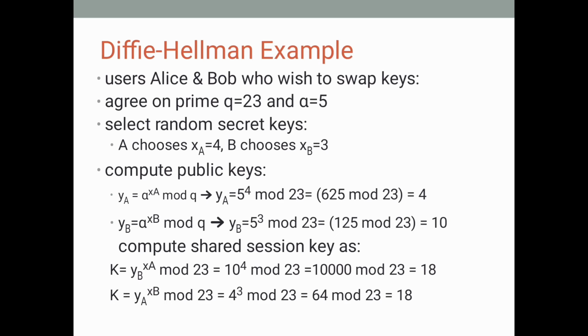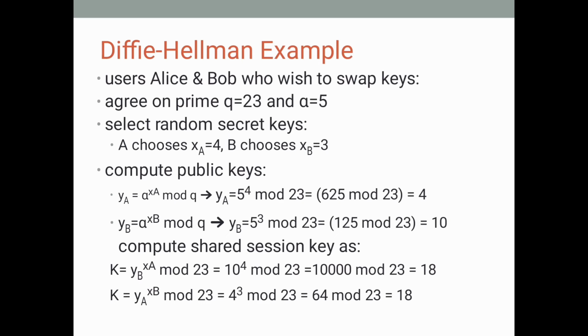So YA is equal to 5 power 4 mod 23, and when you expand you will get 625 mod 23, which is equal to 4.